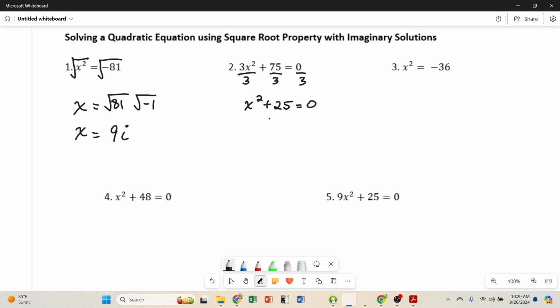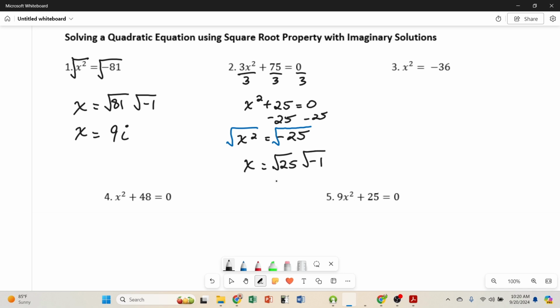Now I'm going to subtract 25 from each side, and I've got x squared equals negative 25. So we take our square root of each side, and I get x is equal to the square root of 25 times the square root of negative 1.